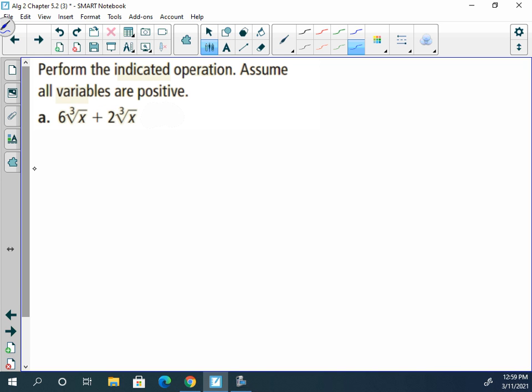Okay? What would this be? Yes. Because since both of these expressions have the cubed root of x in it, we can just add the coefficients. So 6 plus 2 gives us 8 cubed roots of x.